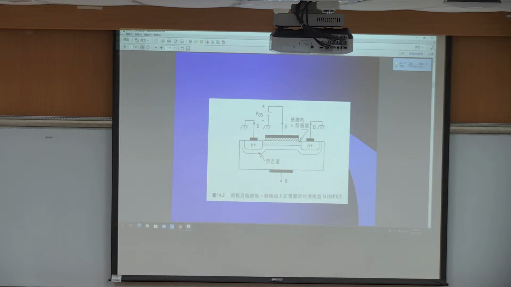So this is the induced N-type channel. The N-type channel will connect both the source and drain regions, the N plus regions. Then, as we add a small voltage on the drain side, there will be a current flowing through the channel region.